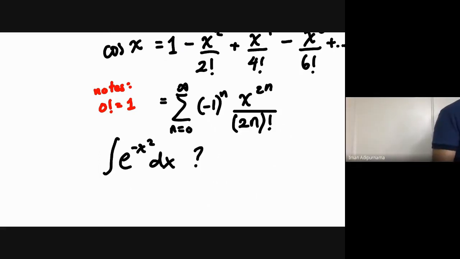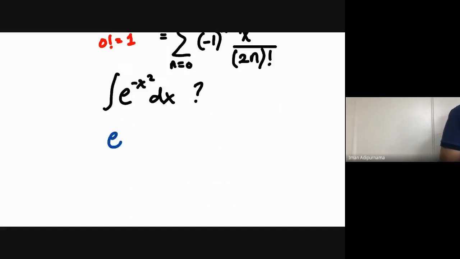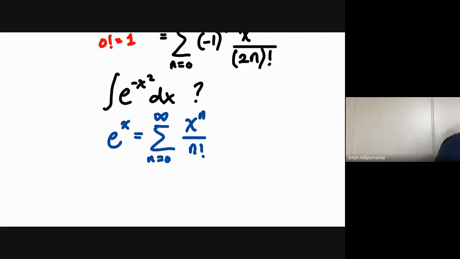So first, remember we have e to the x. This is x to the power of n, divided by n factorial. Now what we can do is we replace that x with negative x squared, okay? And write the sum.